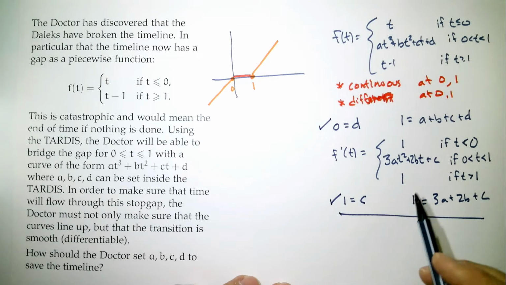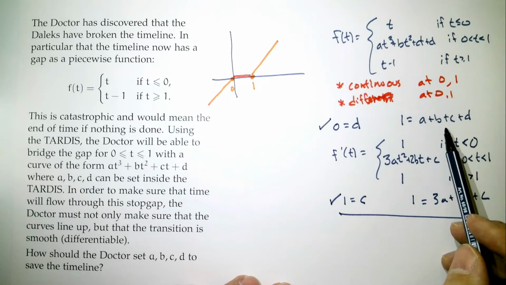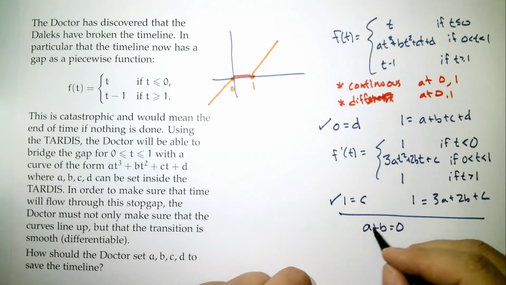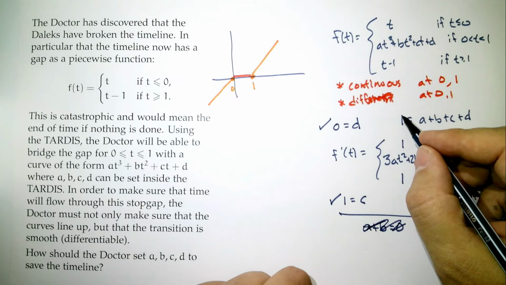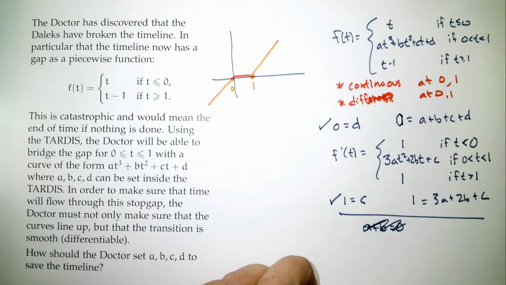So let's see what's left. Well, we get 1 is equal to a plus b plus 1 plus 0, which tells us that a plus b had better be 0. Oh, whoop, no, I screwed that up. This should be 0. You should tell me when I make a mistake.